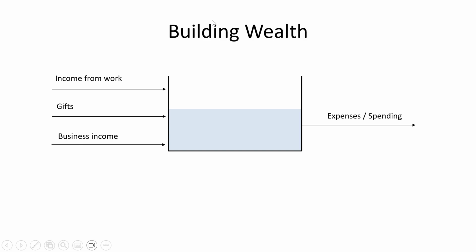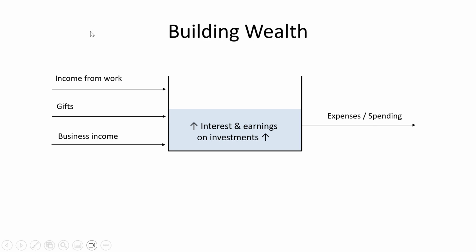So you need to look for ways to minimize expenses, maximize income, and then the other term in the equation for building wealth is finding investments that increase the pool of wealth that you got by having a high return on your saved investments.